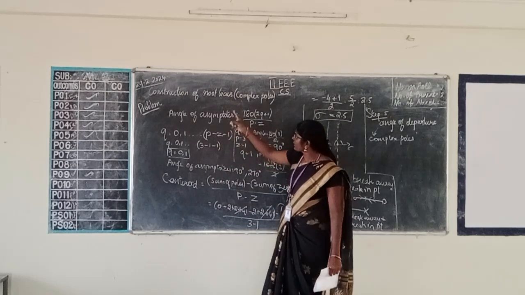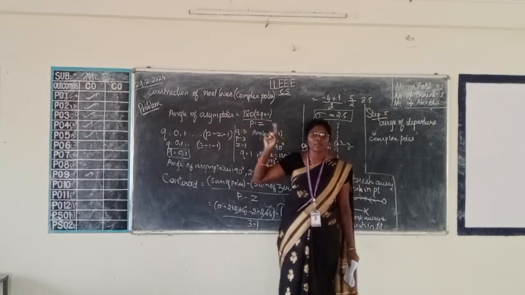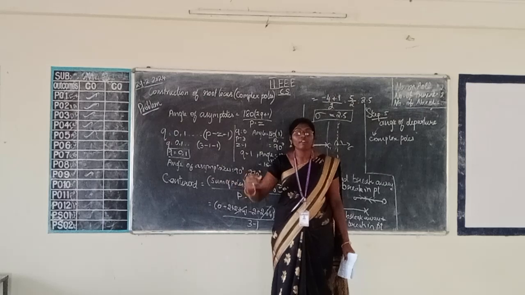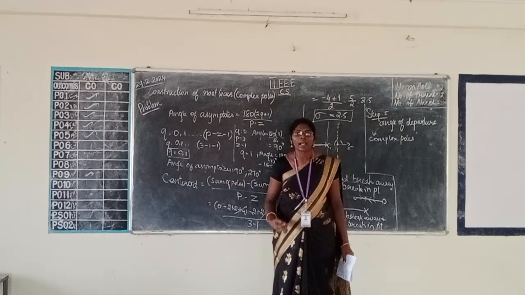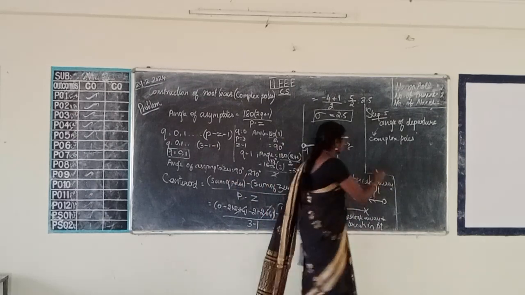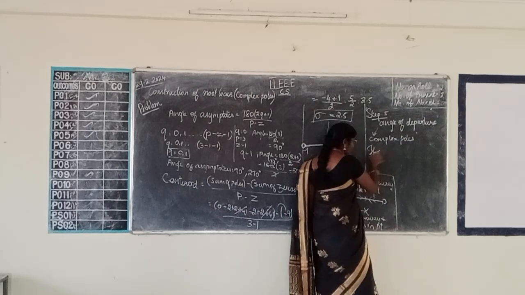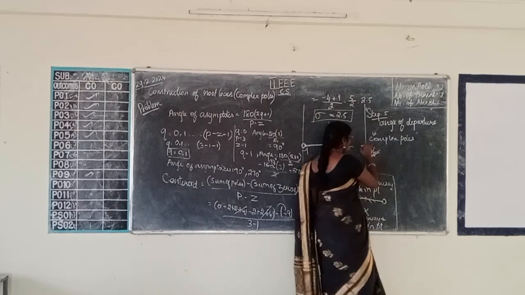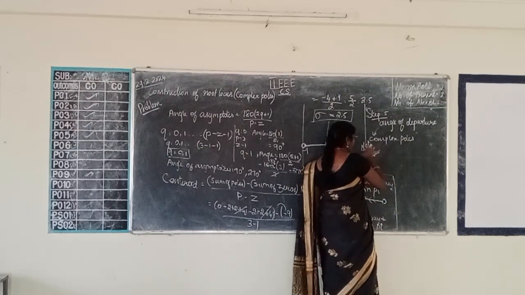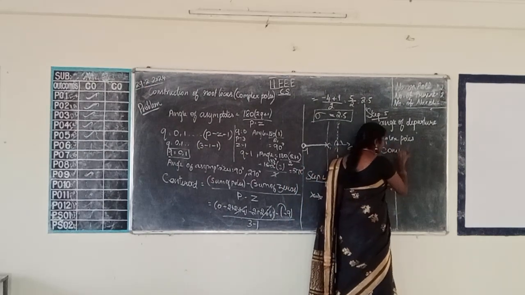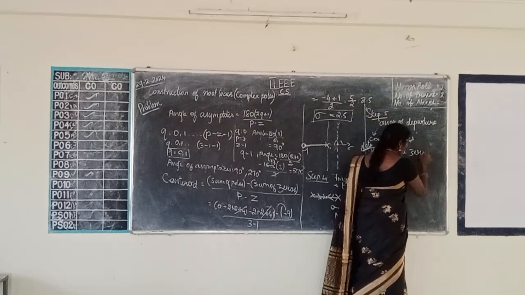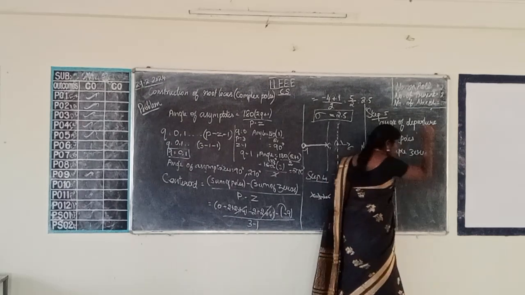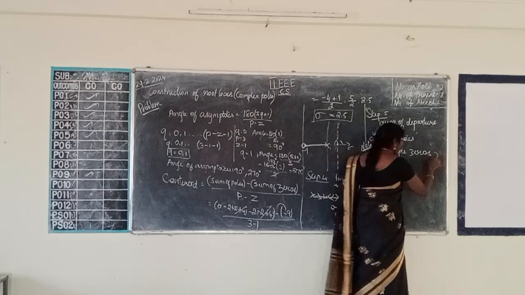If the numerator is s square plus 4s plus 11, we will be finding the angle of arrival.